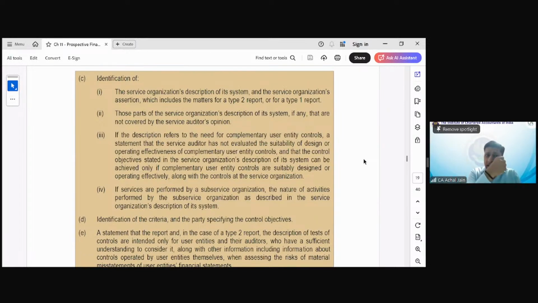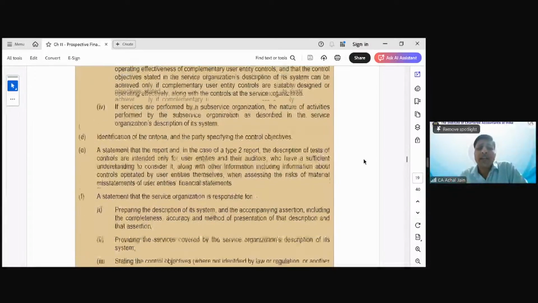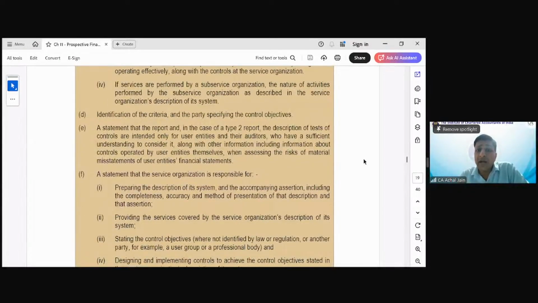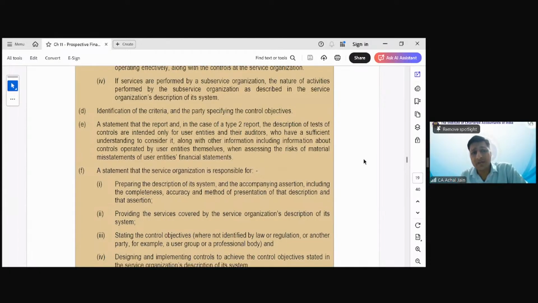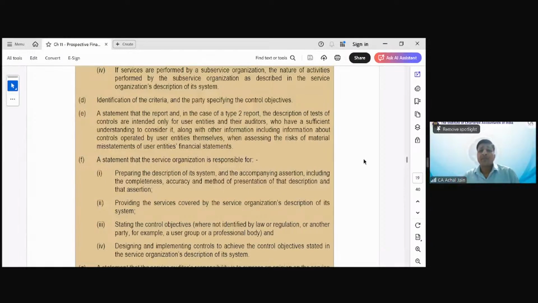Then you have this identification of service organization's description. Now again, depending on whether it's type 1, type 2, some of these components you will include. Then identification of the criteria and the party specifying the control objectives. Statement that the report, description of test of controls are intended only for user entities and their auditors.